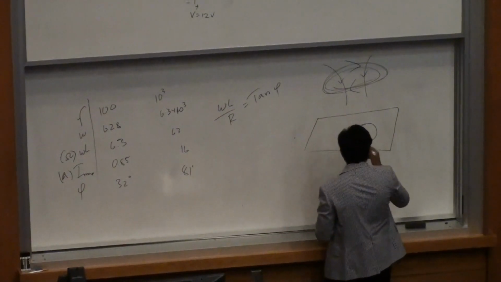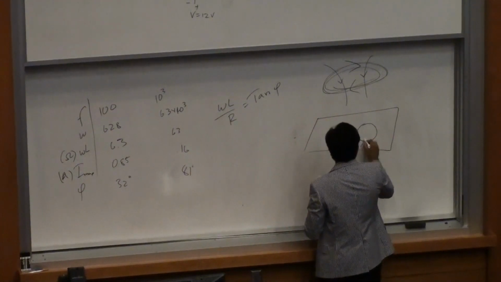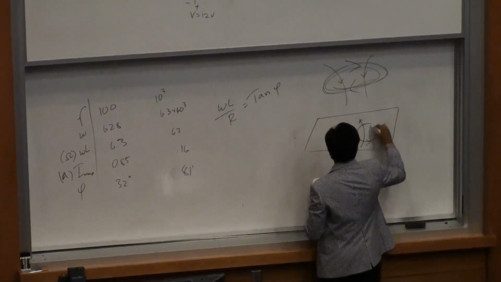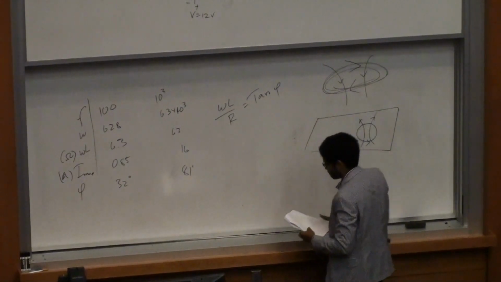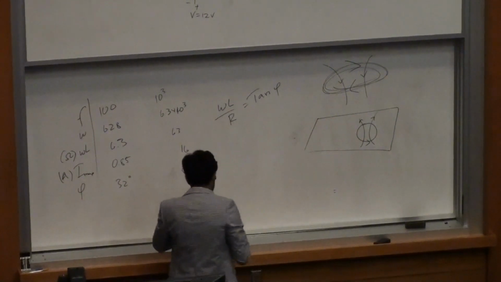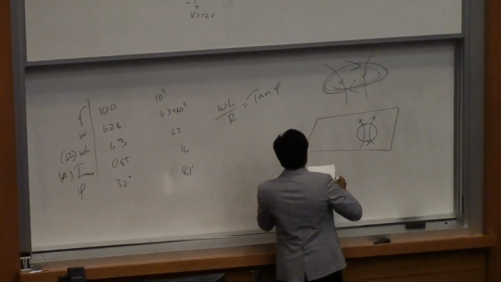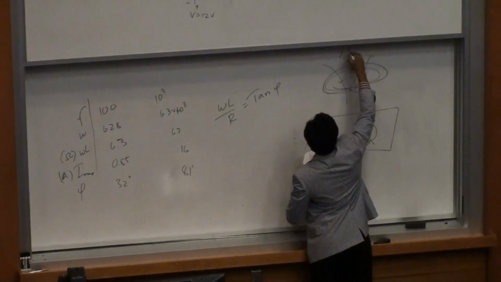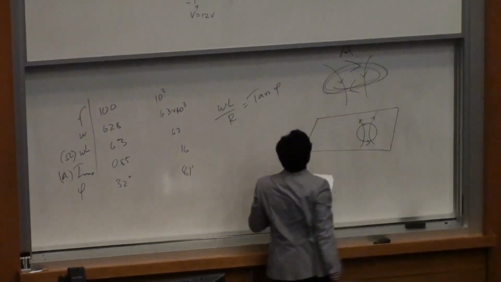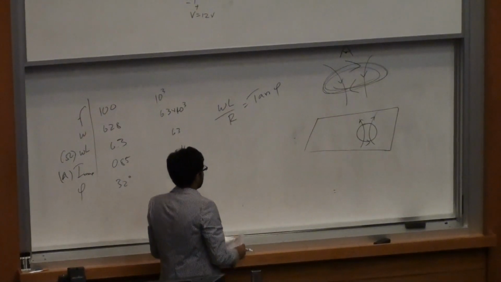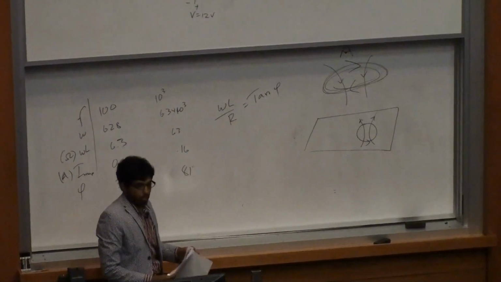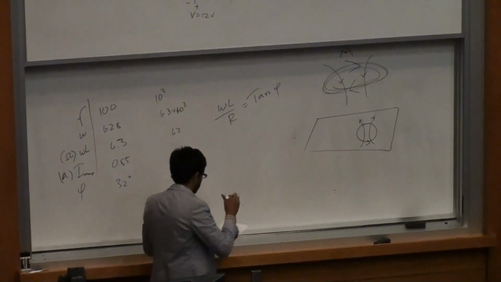But I know it's going to be in this direction, which means my magnetic field is in the opposing direction. So what's going to happen now? Again, if I'm looking at it from the top, there's my eyeball, I see a certain current is clockwise and certain is counterclockwise.